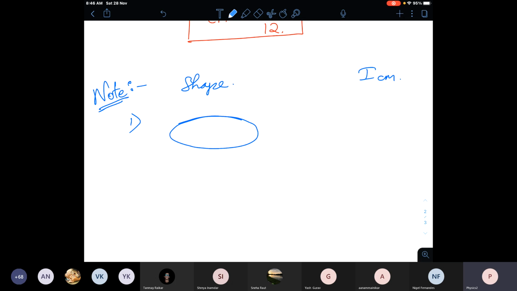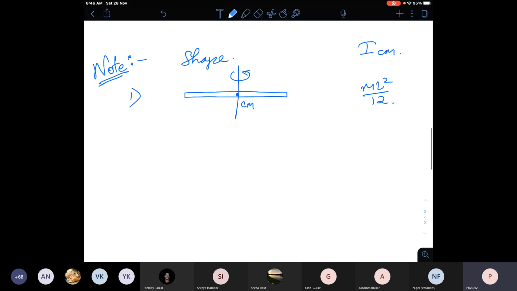First is your rod. Rod we have already calculated, so let's write rod first. This is the center of mass. If it is rotating about this, then ICM will be ML square by 12. We have just calculated this.